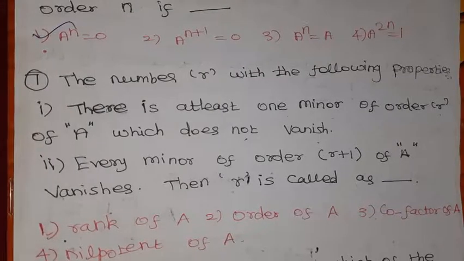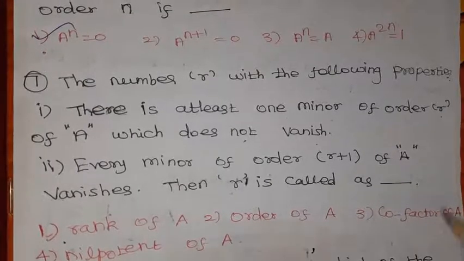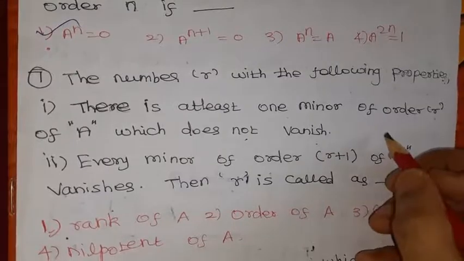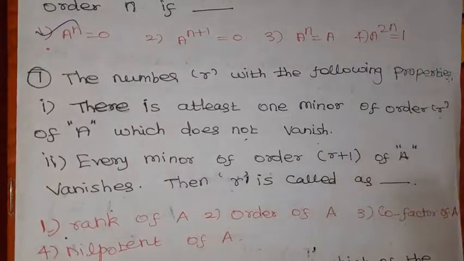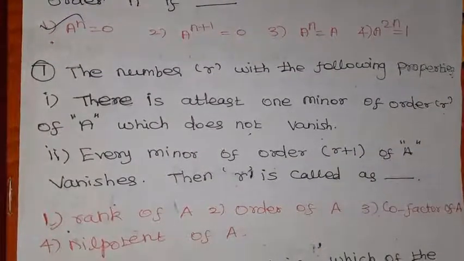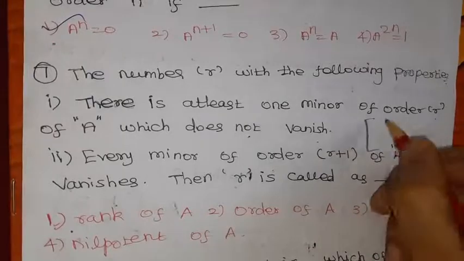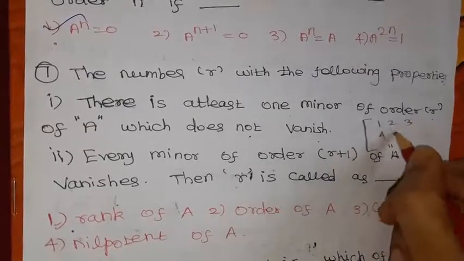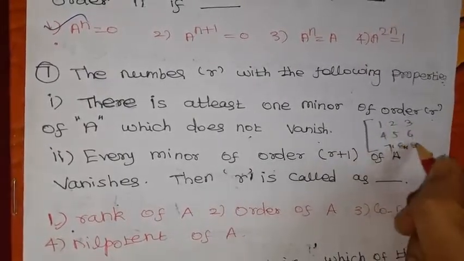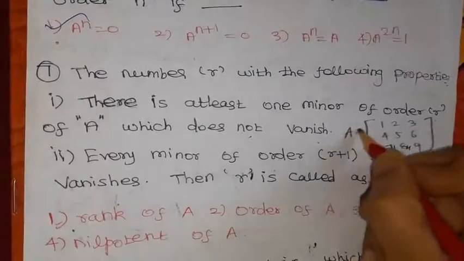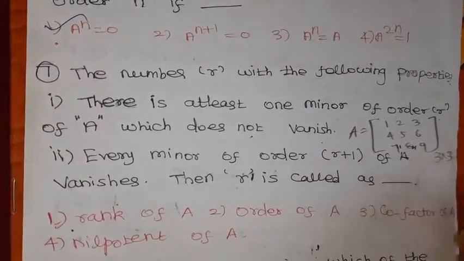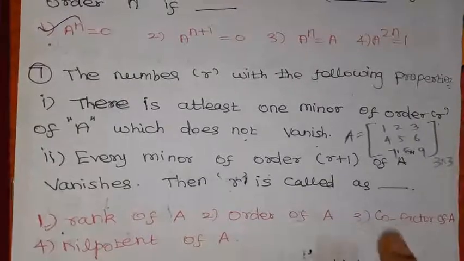We will see any 3 cross 3 matrix. We can consider a matrix of any order, but here we consider a 3 cross 3 matrix: 1 2 3, 4 5 6, 7 8 9. So this is a matrix A. What is given?